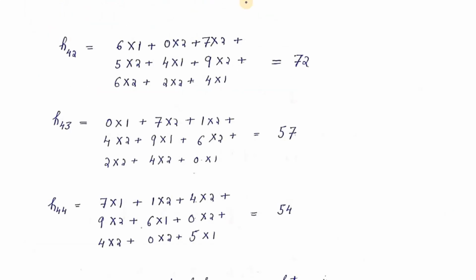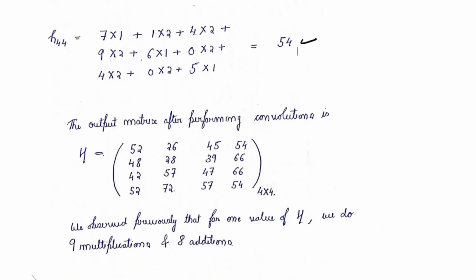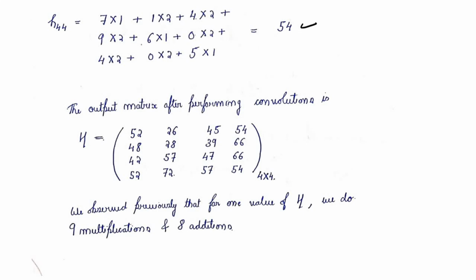So we do all the operations over here, and eventually when all the operations are done, this is the output matrix we are getting. So we were given an input matrix of order 6 cross 6. We applied a convolution using a kernel of order 3 cross 3, and eventually we get the feature extracted in the form of an output matrix H of order 4 cross 4.